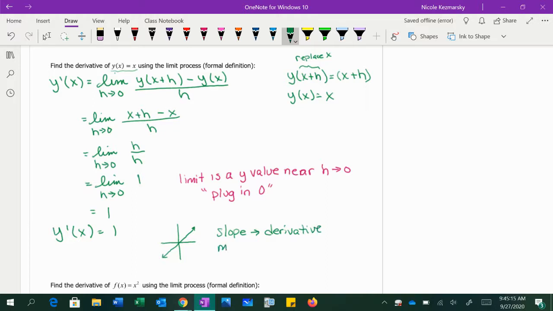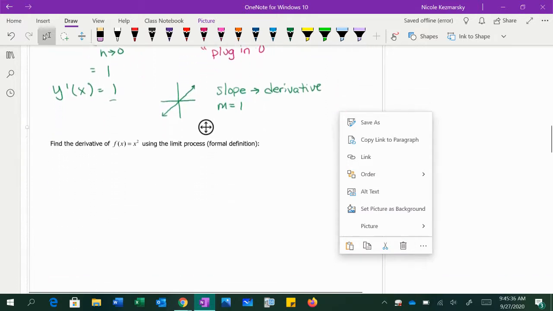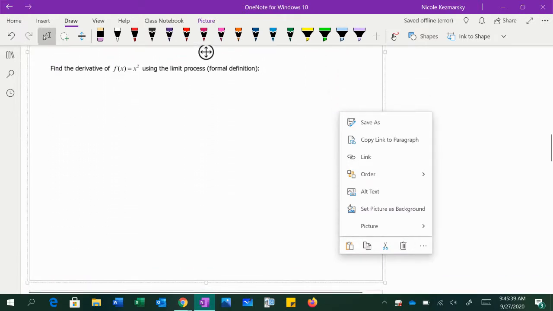The slope of this line is 1, so the derivative must be 1. And that's what we got when we did the definition. So this one is a little interesting to deal with because it is just a linear function. Let's try our process with a quadratic function.